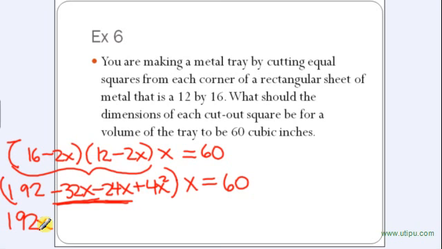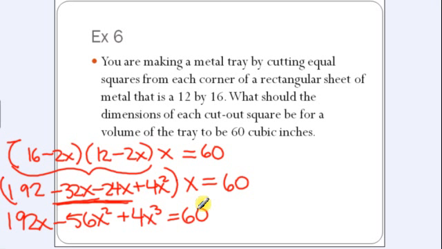Negative 32 minus 24 would be a negative 56. And that's x, but then I multiply it by the other x, so that would be the x squared. And then plus 4x squared times another x would be 4x cubed. And once again, that equals 60.